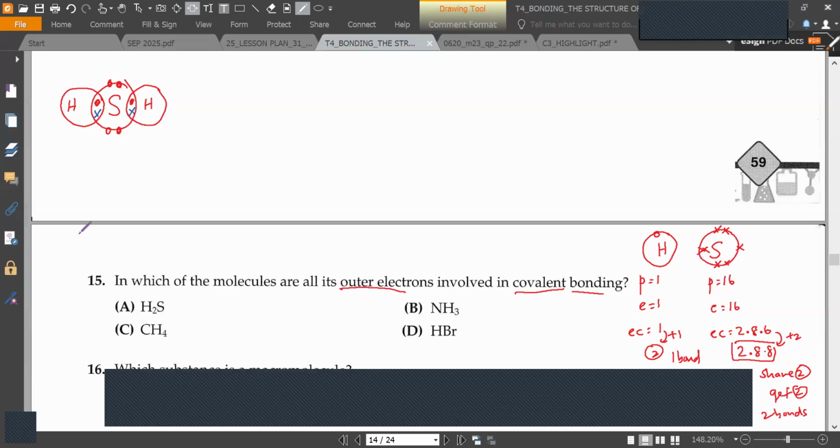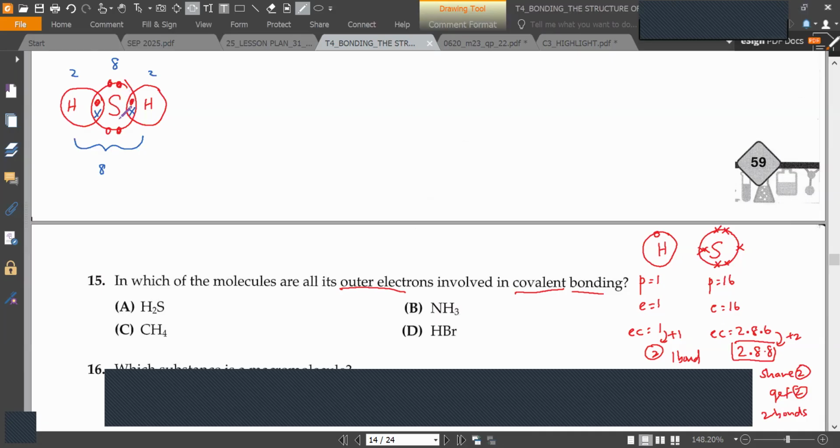So now we have 2, 2, 8, right? But if we just add up all the electrons together, it is 8 electrons, 1, 2, 3, 4, 5, 6, 7, 8.